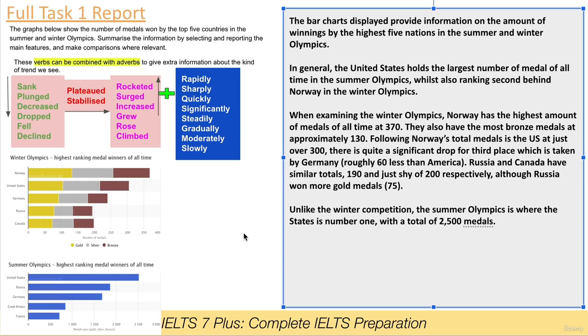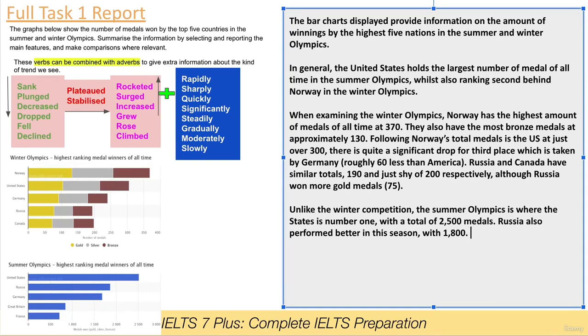So let's talk about Russia coming in second. Russia also performed better in this season with 1,800. So we've got increments of 500.